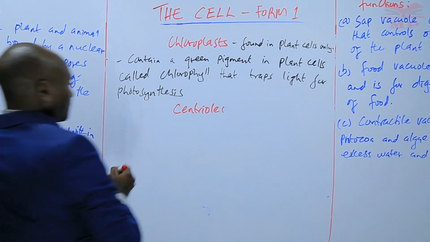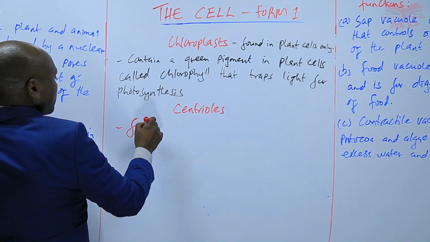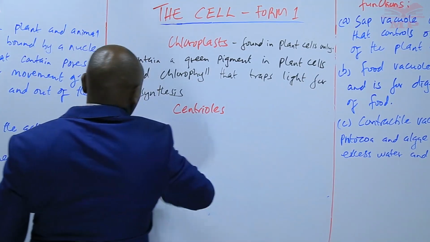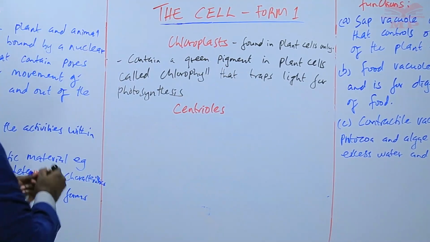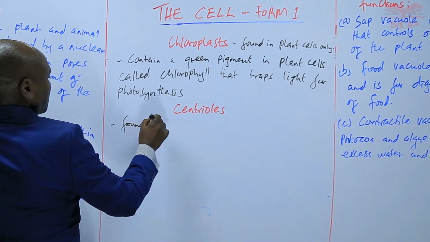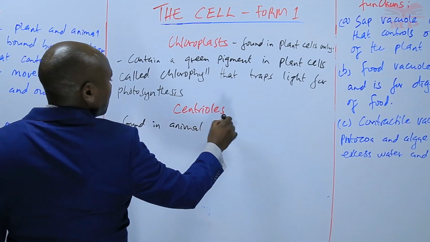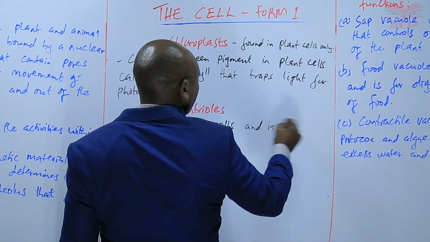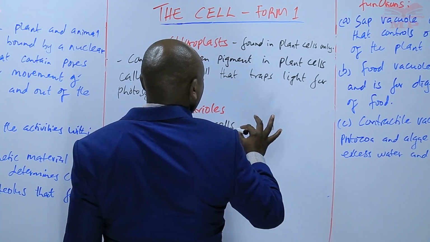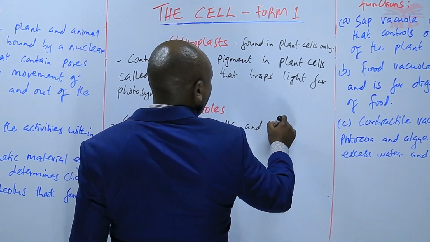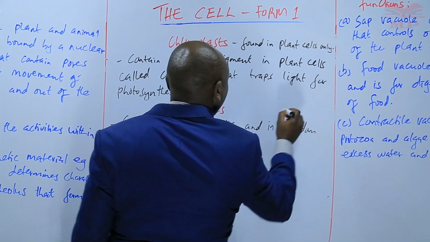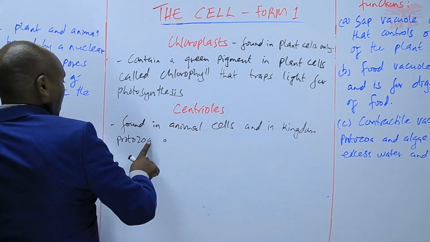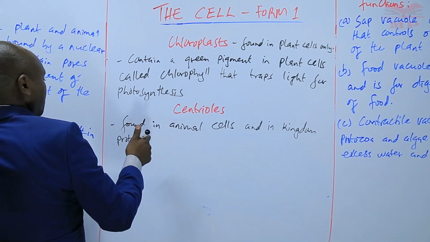The centrioles, these ones are found in animal cells and in kingdom Protoctista, that is protozoa and algae.